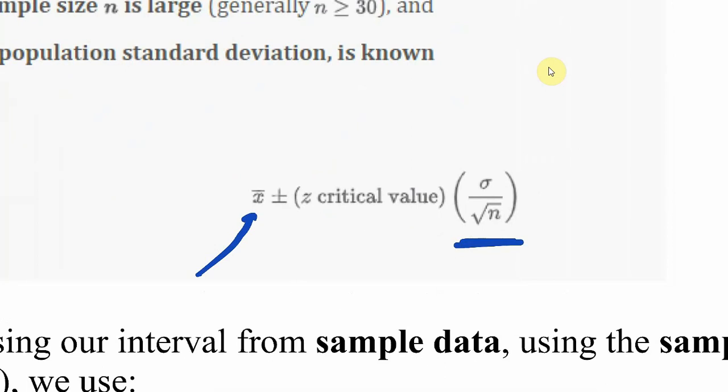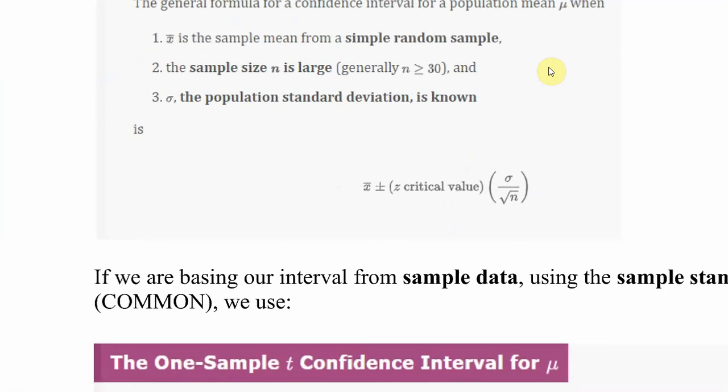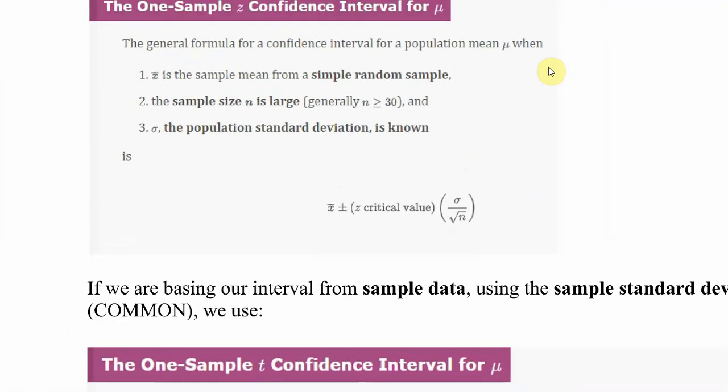The only thing that's different is that we're using x bar instead of p hat, and this was the way we computed the standard deviation for our sample means versus the standard deviation formula for our population proportions. Same idea, but in reality, we're really not going to even use this formula.